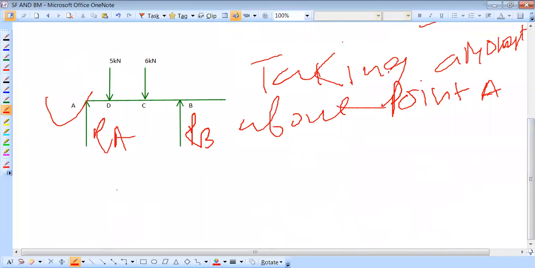So what is the moment about point A? Here the distances are very important.